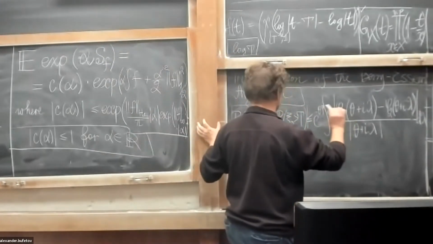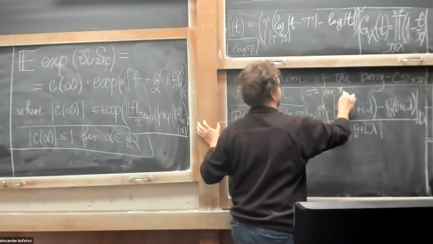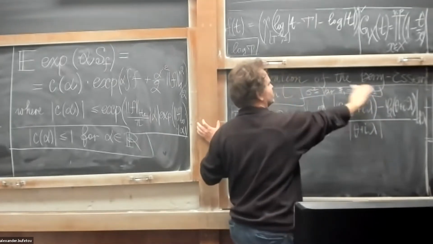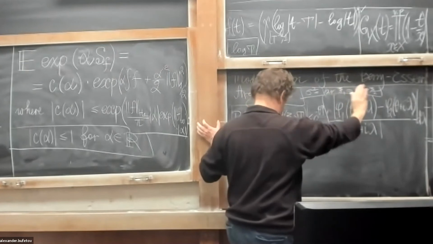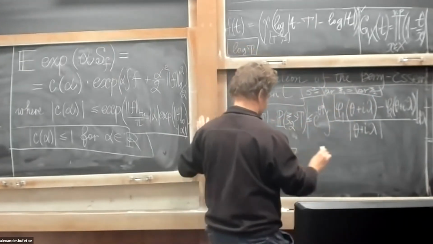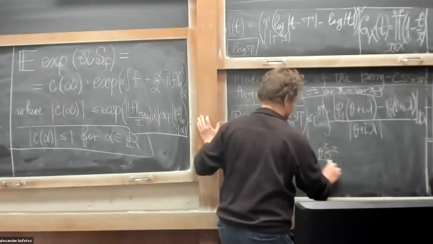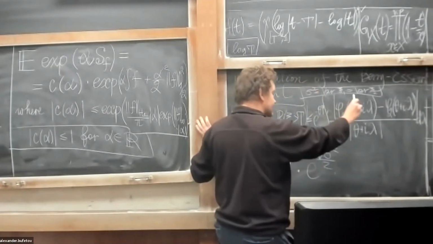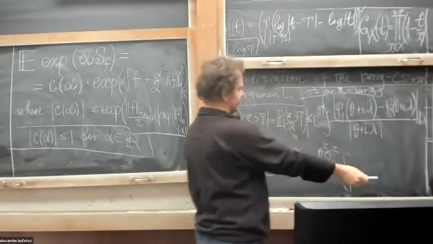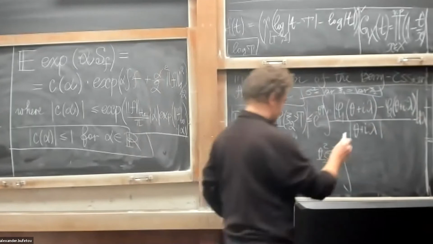So let's think that sigma squared is the variance of psi1 and of psi2. In fact, it will not be exactly true in our situation, but let's just make this assumption. Again, I'm just giving a first caricature of the argument, and then I will give it properly. Then this is e to the theta squared sigma squared over 2. And then, assuming that I'm able to match the derivatives here, the resulting integral will be a convergent integral.